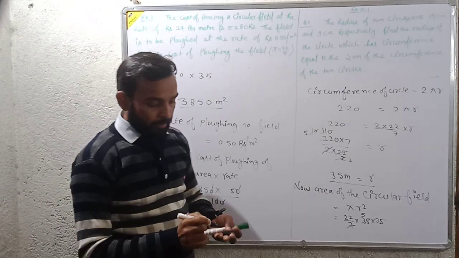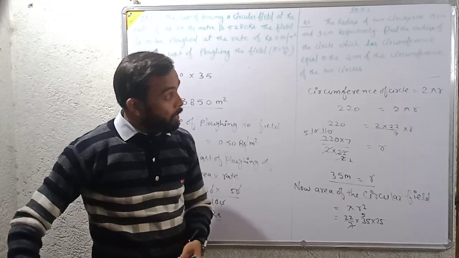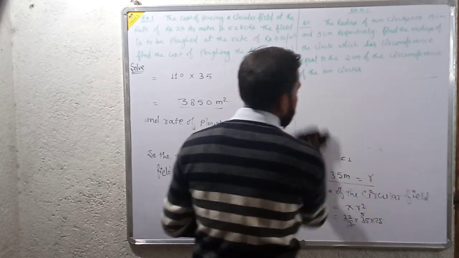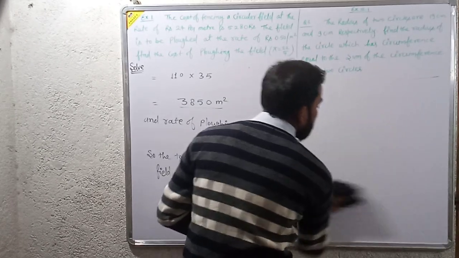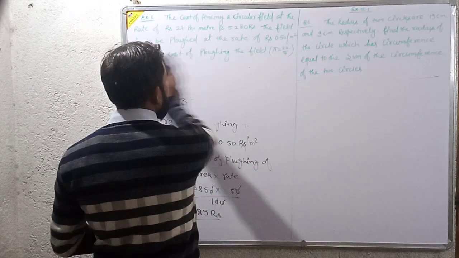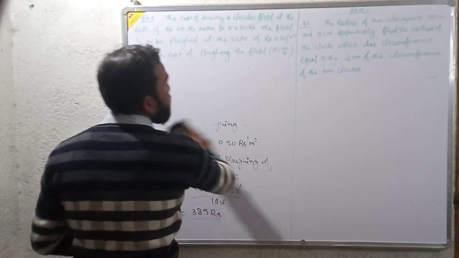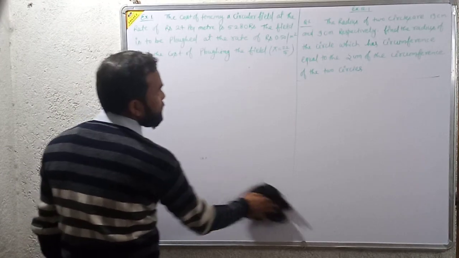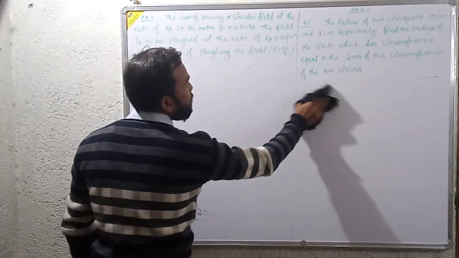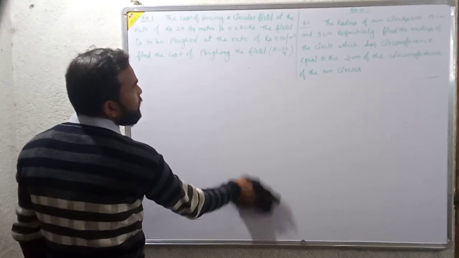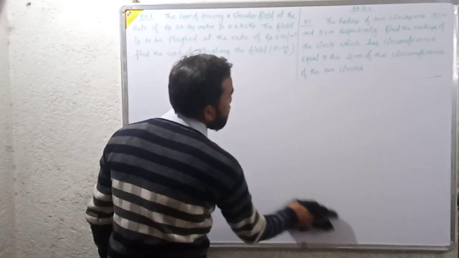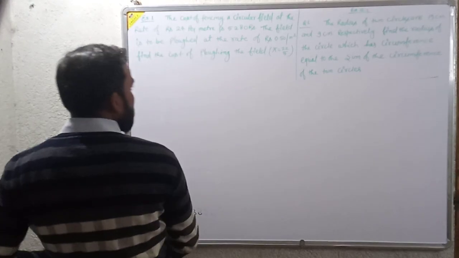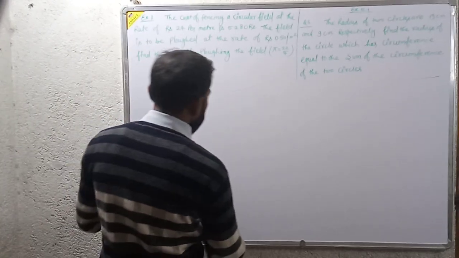Now again, solve question number 2. The question is given that the radii of two circles are 19 centimeter and 9 centimeter respectively. Find the radius of the circle which has circumference equal to the sum of the circumferences of the two circles.